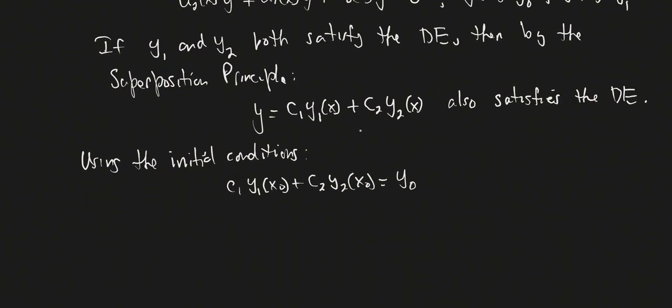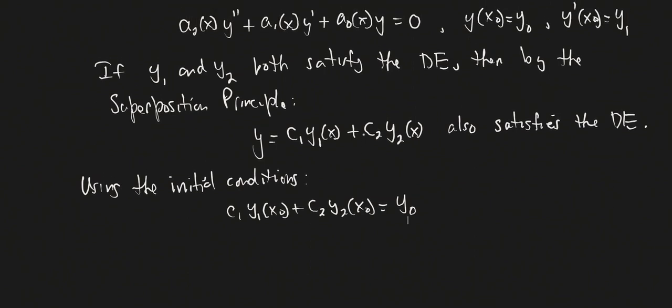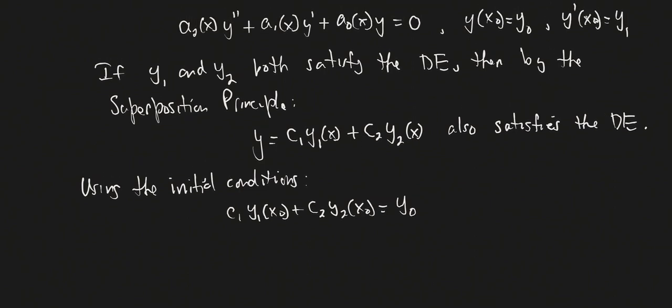And then, in order to apply the other condition, I need to use the derivative. So let me say that this is equation 1. Then I would have to differentiate this, right? So y prime is equal to c1 times y1 prime of x plus c2 times y2 prime of x.